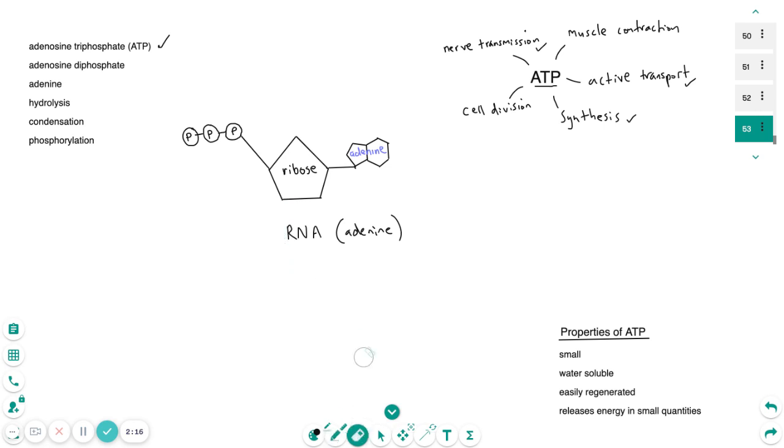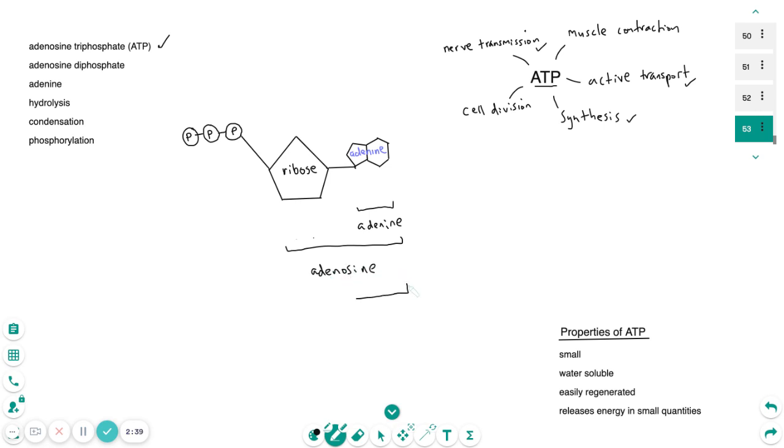So quite easy, really. If we break down different parts to it, this bit here, we call that adenine. If we put adenine and ribose together, we call that adenosine.